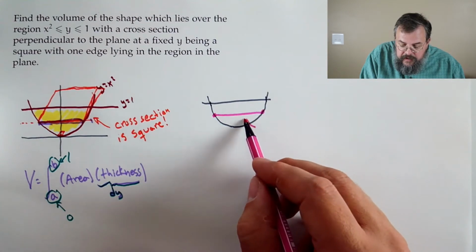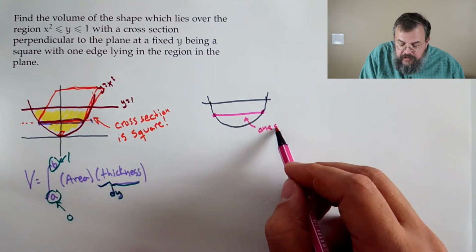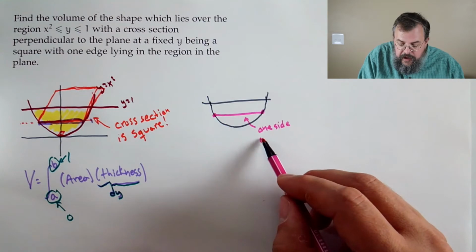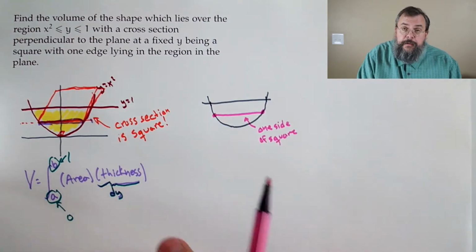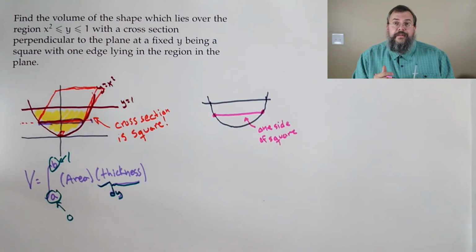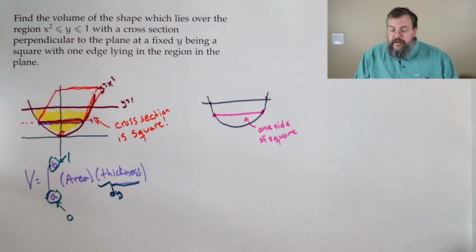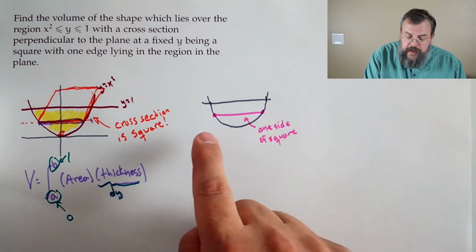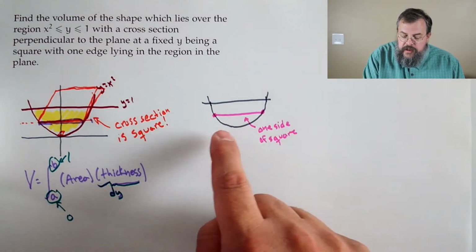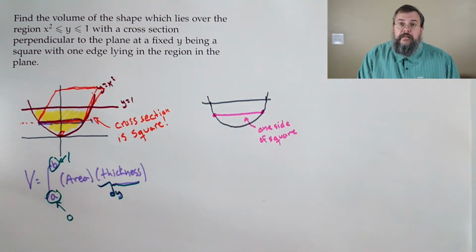So here, this is one side of the square. So I need to figure out, as a function of y, because I'm integrating with respect to y, the length of that side. Now, what that means is I really need to ask for the right minus left. I'm looking for the distance between these two parts.